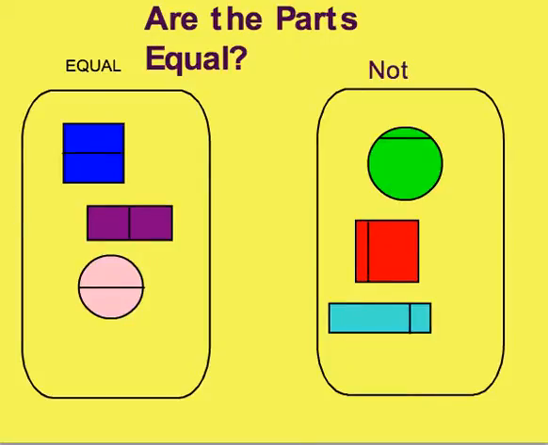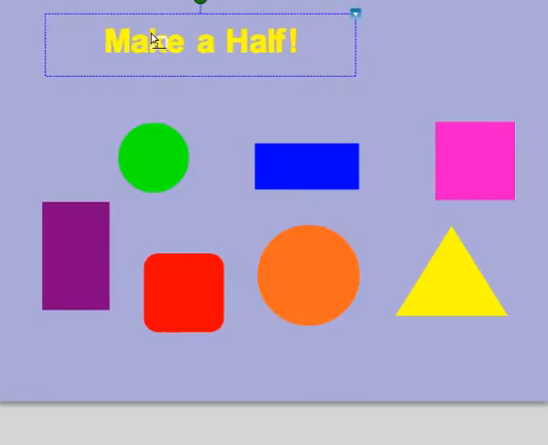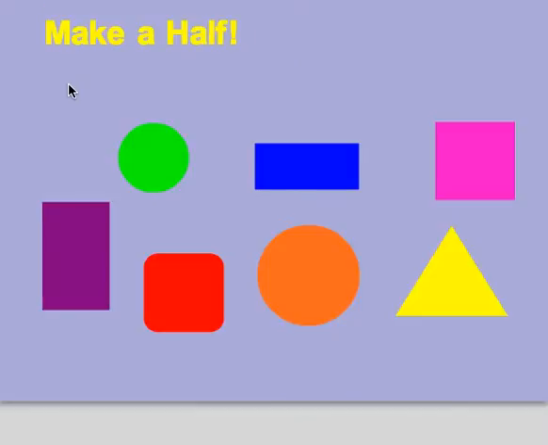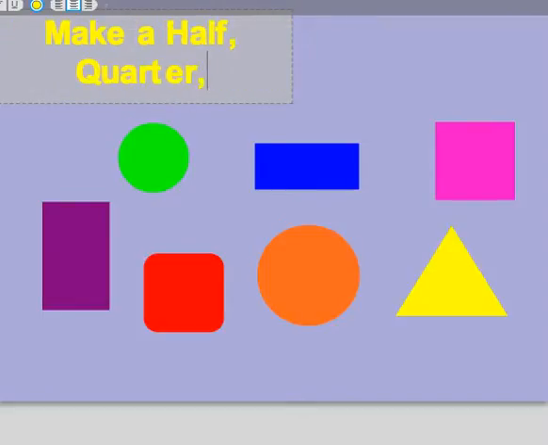All right, pretty easy. If we look here, a couple things we're going to talk about is making a half. A couple concepts we need to know. Half. Another idea is a quarter. Another idea is we'll probably go third.